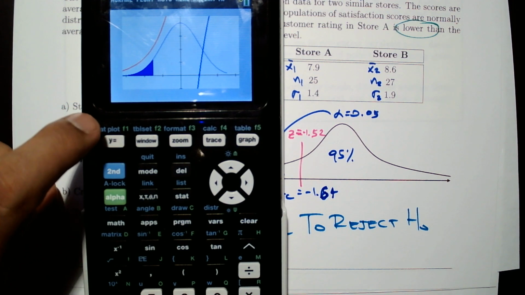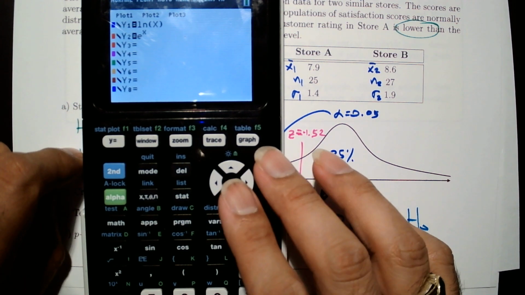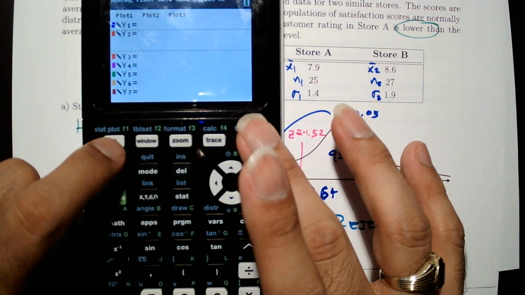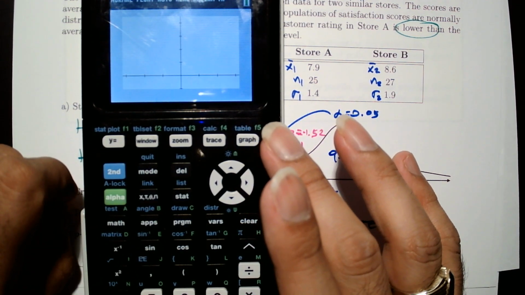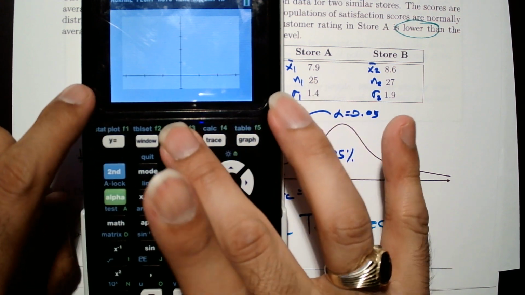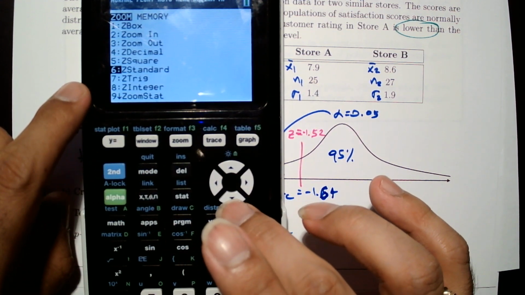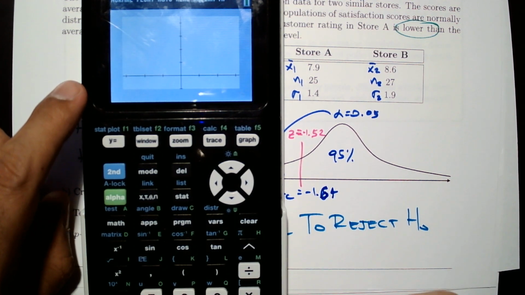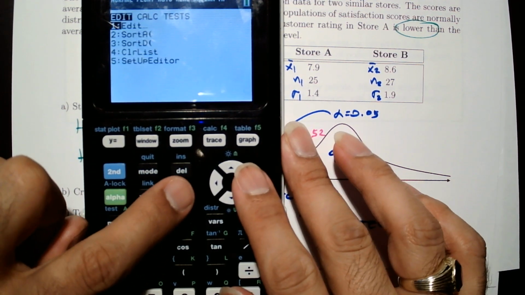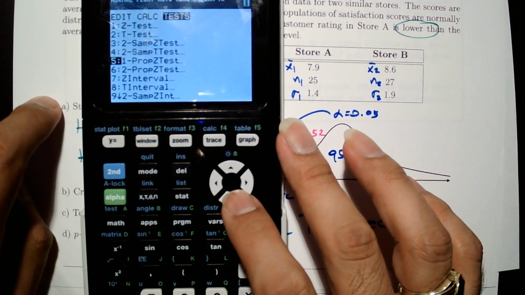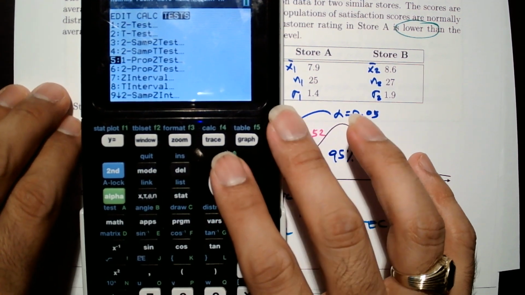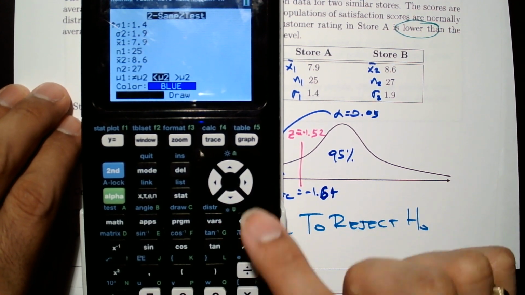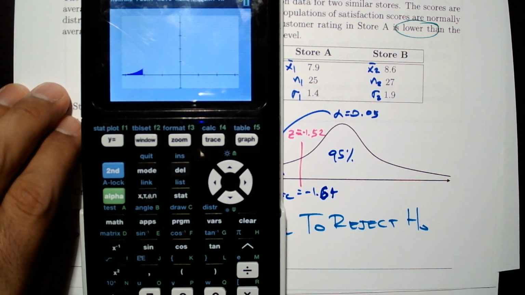I need to go delete, and graph, and let me do ZoomStat. Hopefully that fixes it. Well, I need to do the test again. 2-SampZTest and Draw. Let's see what's going to happen.